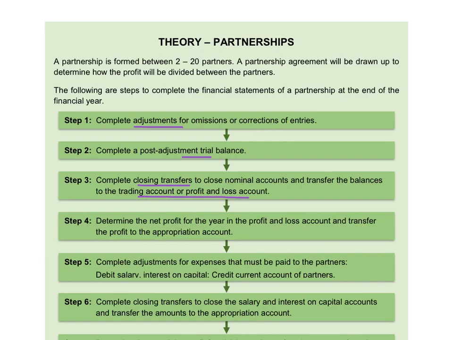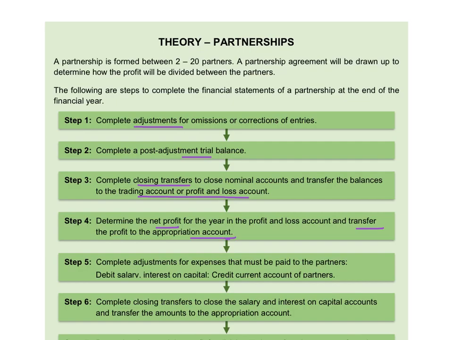So the first 3 steps are exactly the same as the steps that you will follow when you complete the financial statements of a sole trader. From step number 4, we have additional information. So in step 4, we've already calculated this net profit in the profit and loss, and we will transfer it to the appropriation account.